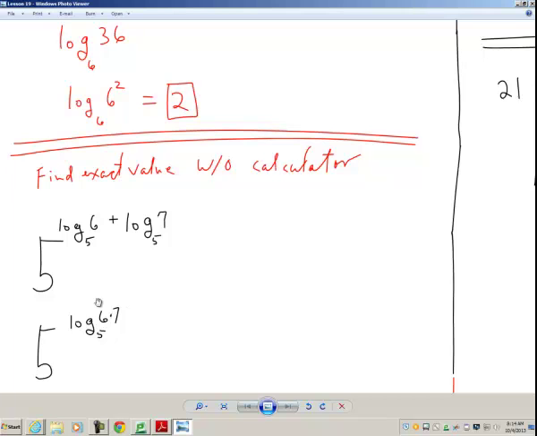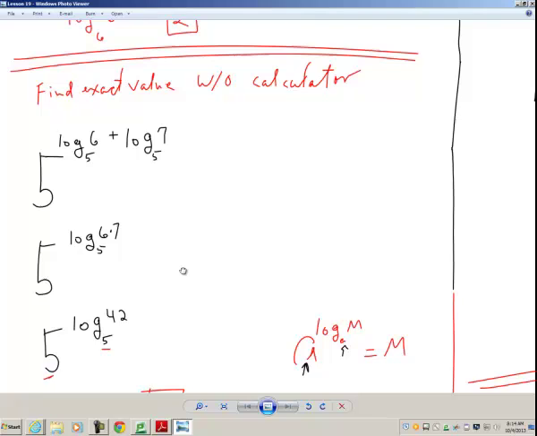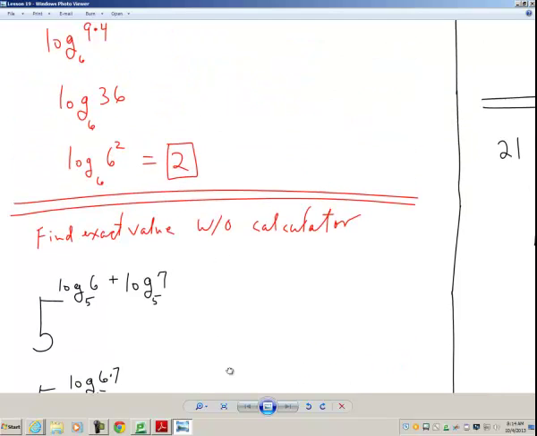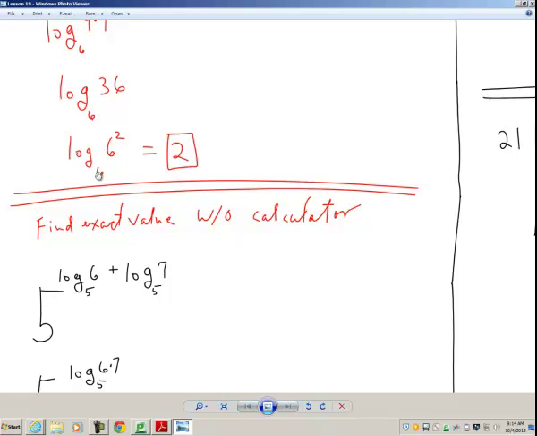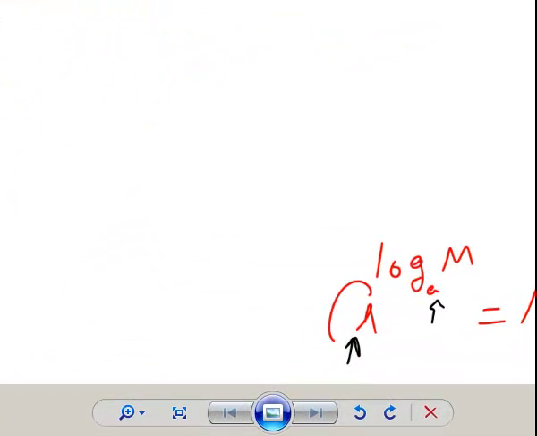Well, 6 times 7 is 42, right? Well, because the base of your exponent is the same as your base for your logarithm, just like here, right? But here the exponent is first and then the logarithm, but the property is the same.